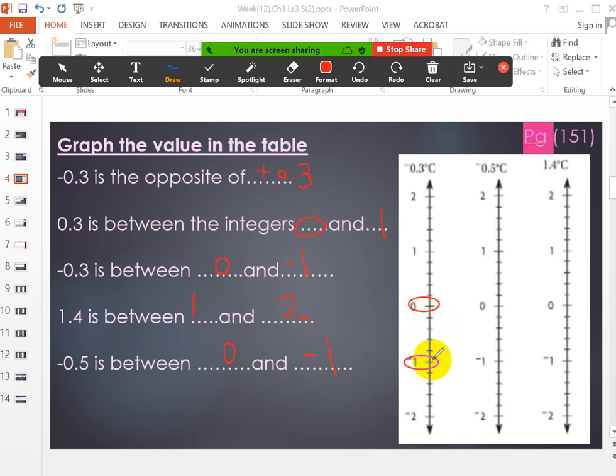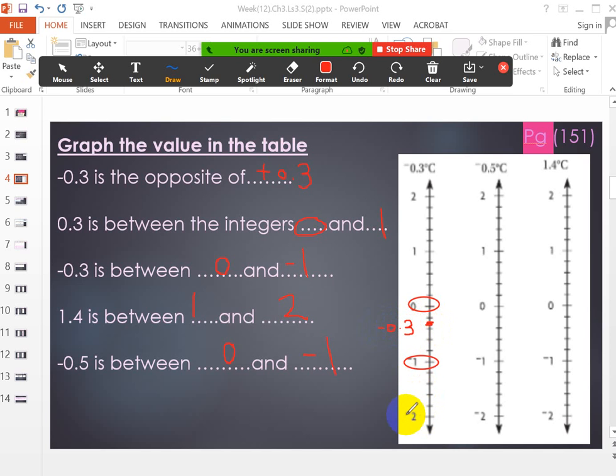But on the negative side it will be negative 0.2, negative 0.4, negative 0.6, negative 0.8, and negative 1. Okay? So negative 0.3 will be right here on the number line, between negative 0.2 and negative 0.4. This is negative 0.3.